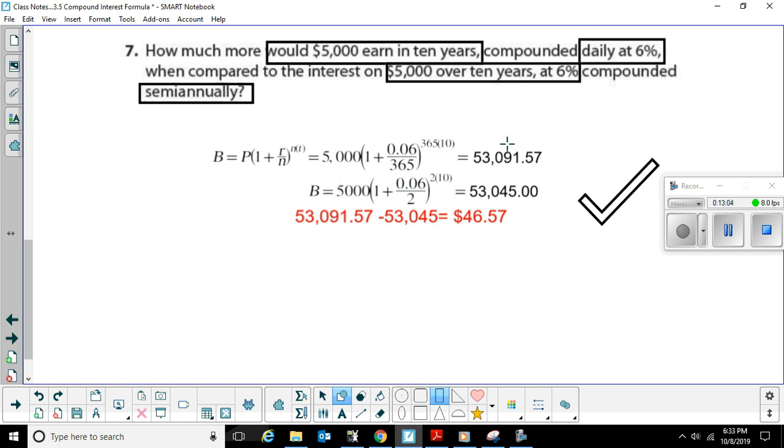And we see that compounding daily has a more positive effect in terms of our cash flow than compounding semi-annually, to the tune of a $46.57 difference. So we would much rather have more money than less money if we're going to do the exact same work.